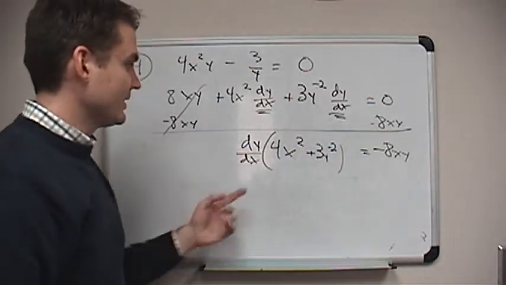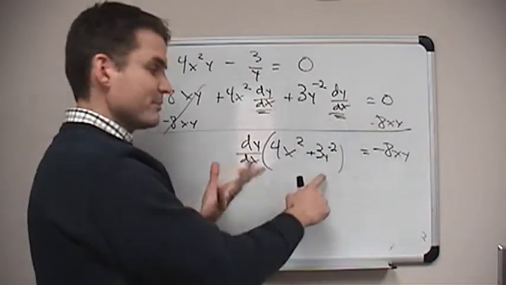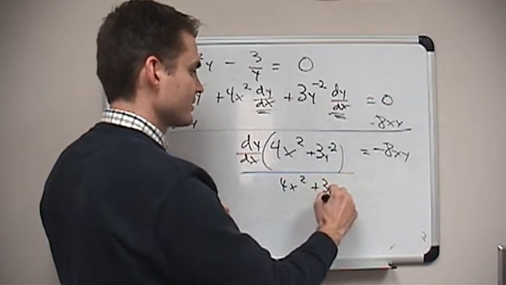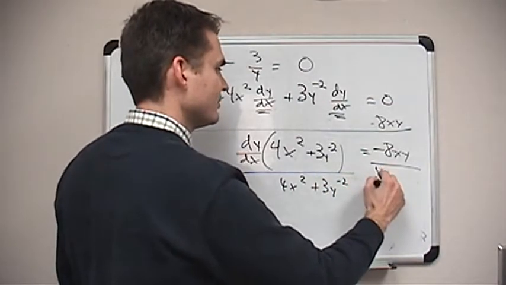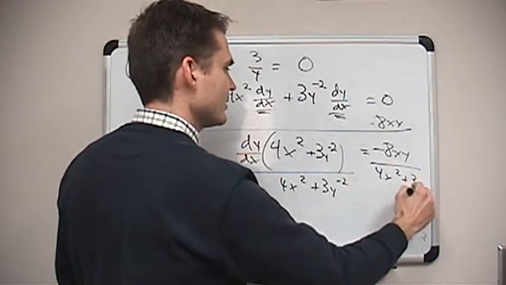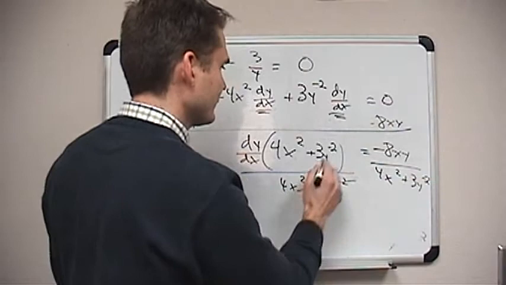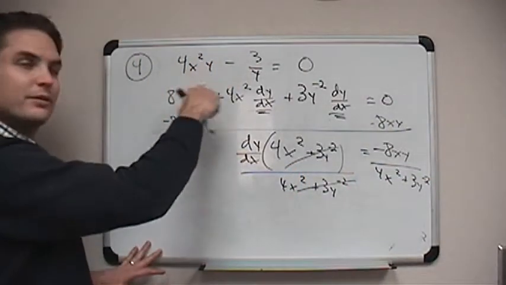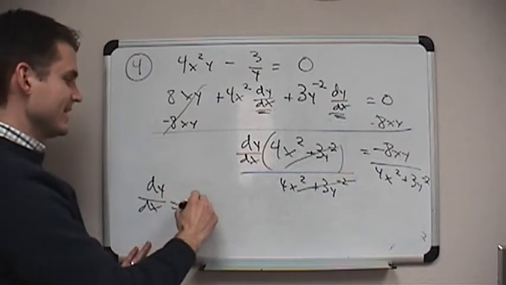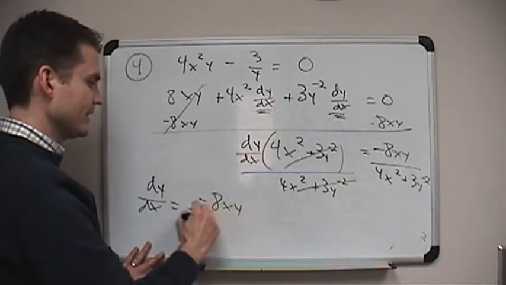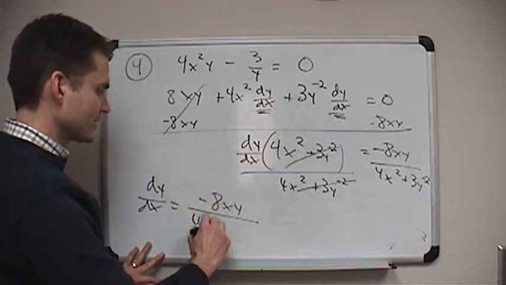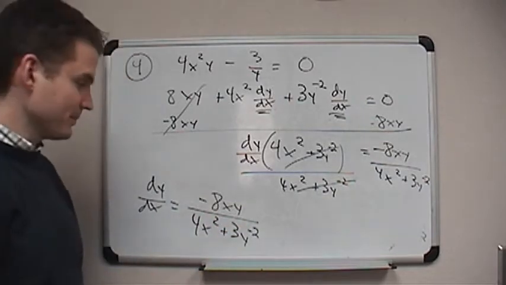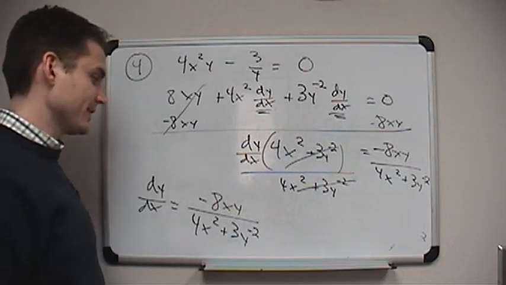And to get this by itself, I just need to divide both sides by that second factor, 4x squared plus 3y to the negative 2. So dy over dx, the derivative of y with respect to x, is negative 8xy over 4x squared plus 3y to the power negative 2. Okay, and that's basically the final answer.